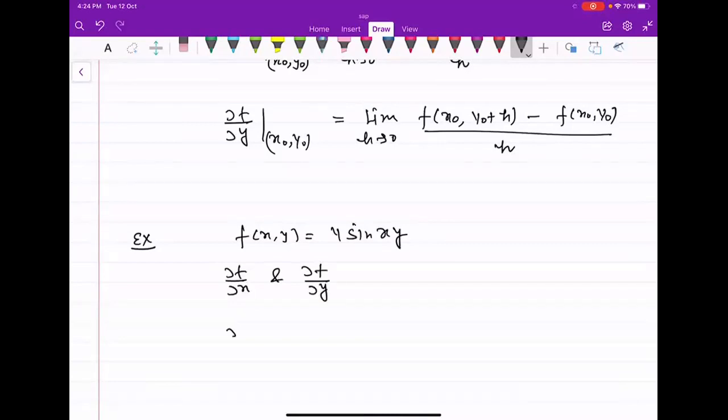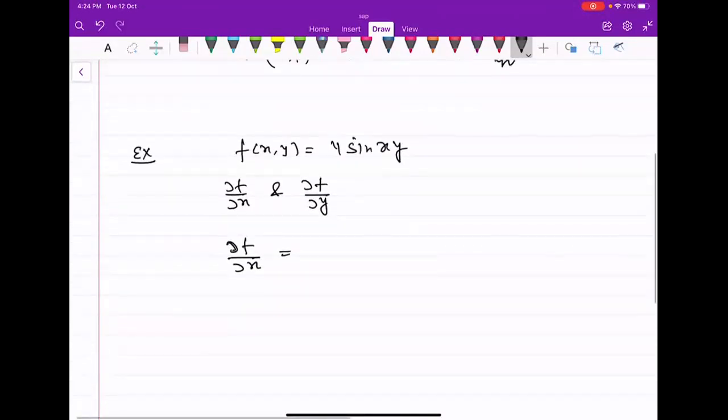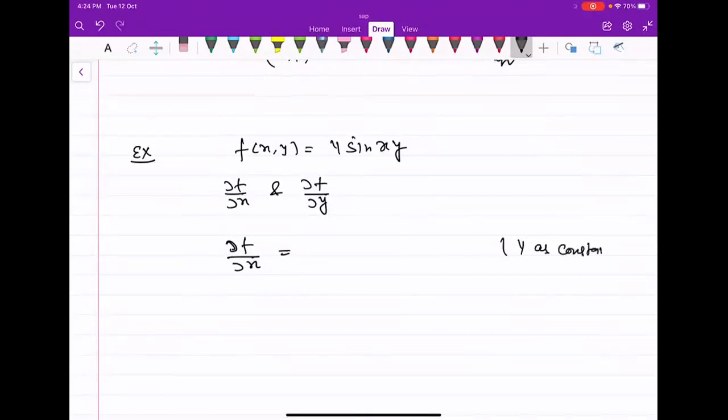Okay, so whenever we are computing del f over del x, then we are treating y as constant. So keeping y as constant, it is coming out to be y as it is, and the differentiation of sine with respect to x gives cos(xy), and here y is constant. When you are differentiating xy with respect to x, it is coming out to be y.